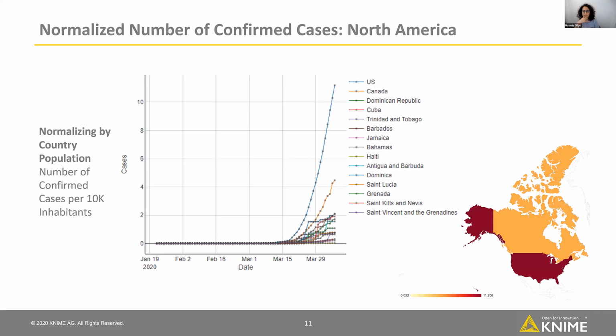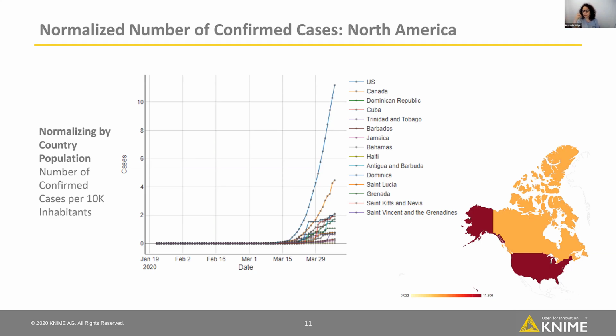If you see now, we have a similar plot. The curve of the confirmed cases for the US is still the steepest one. But now you can see that Canada's curve is also not that small; it reaches a few cases per 10,000 inhabitants, so around 5 or 6, while the US is a little above 10 cases per 10,000 inhabitants.